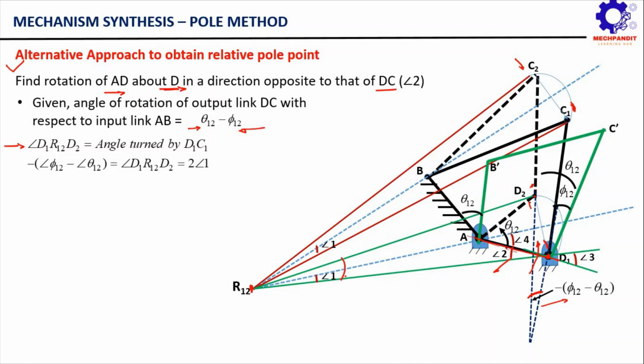So this will be that angle actually, right? Now we know that the relative rotation is also given by theta 12 minus phi 12. So this angle should be equal to this one.